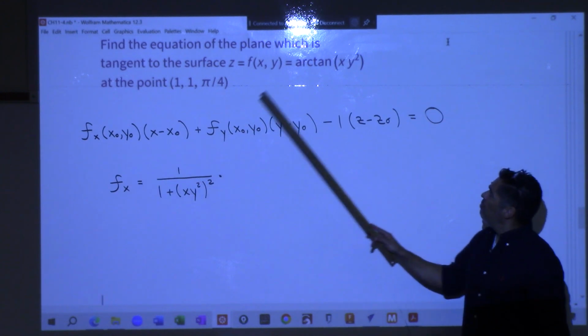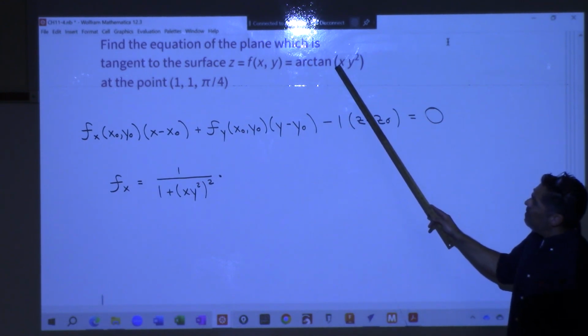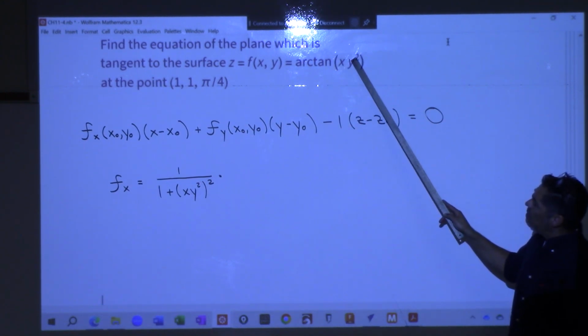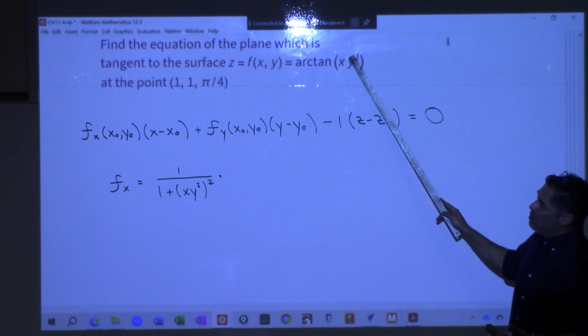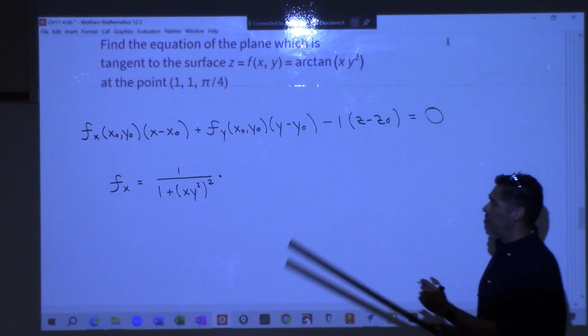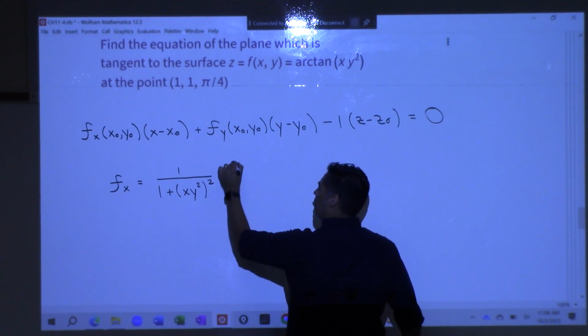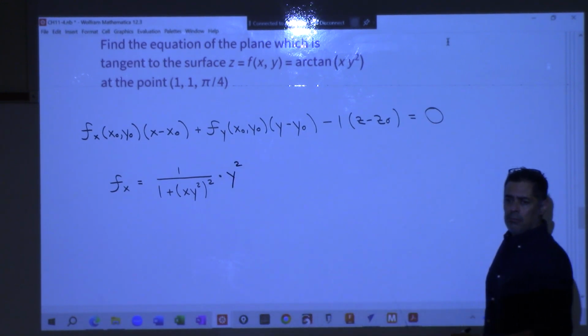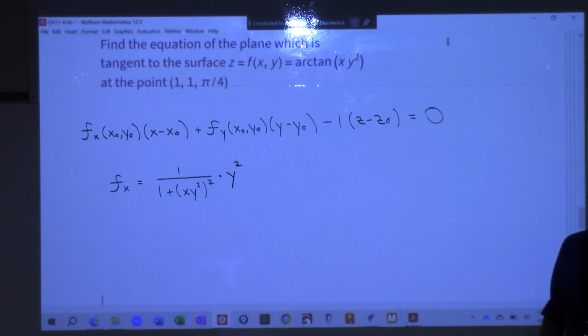Y, right? So when we take the derivative of x times y squared, if y squared is a constant, I can kind of ignore it and then say what's the derivative of x with respect to x? Y squared. Yes, so the derivative of x would just be 1 and then times the constant. So this would just be y squared here. Y'all got that or no?